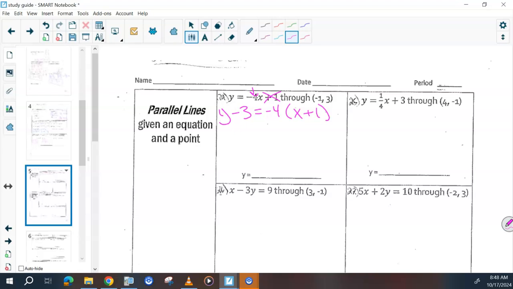And then distribute and solve. So that final equation would become y equals negative 4x minus 1. And I can tell that these are parallel. They have the same slope but different y-intercepts.